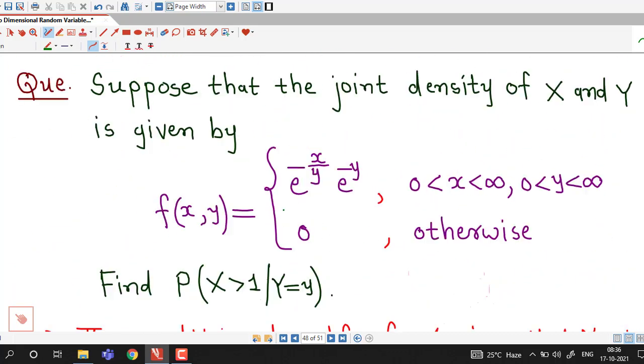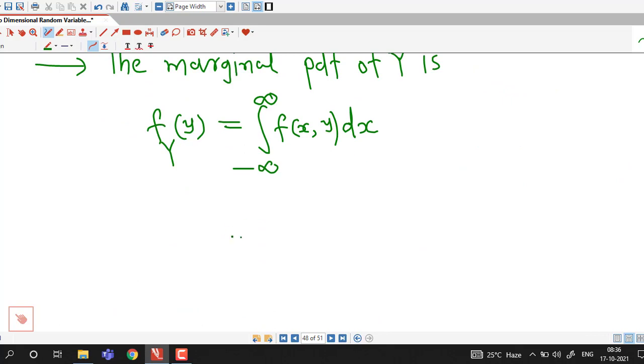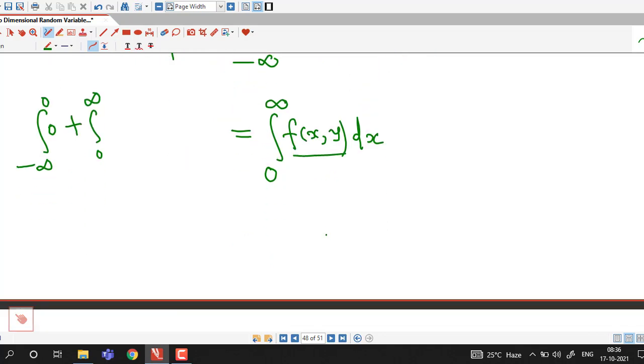Now here, if x is positive, then only we have non-zero joint density and it is 0 otherwise. So we can replace these limits from minus infinity to infinity by addition of minus infinity to 0 and 0 to infinity. Now in minus infinity to 0, this is 0. So we are having integral of joint density from 0 to infinity only, integrating with respect to x, and here we will consider y as constant.